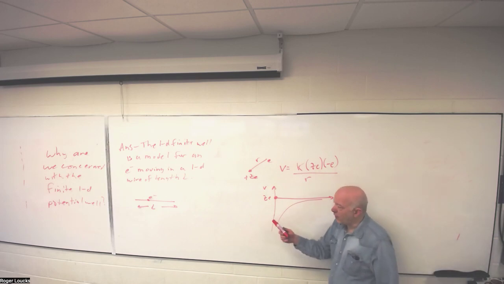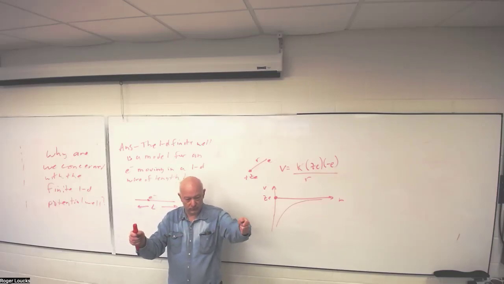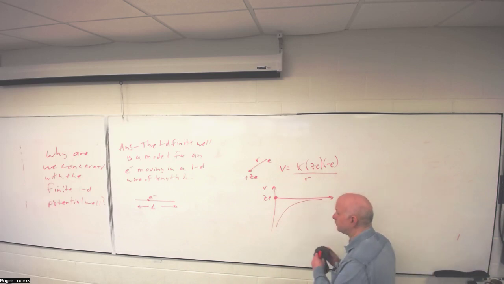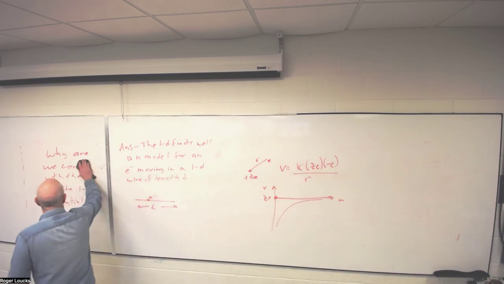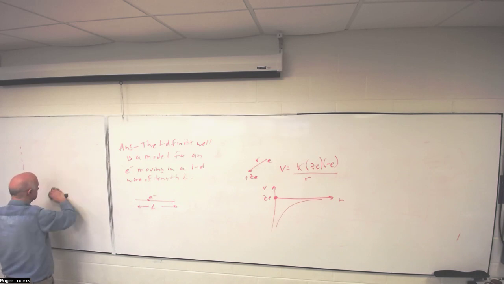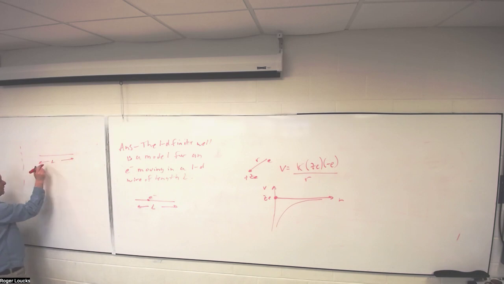Now, what can I view this wire as being made up of? I can view this wire, of length L, as being made up of a whole bunch of atoms, a series of atoms like this.